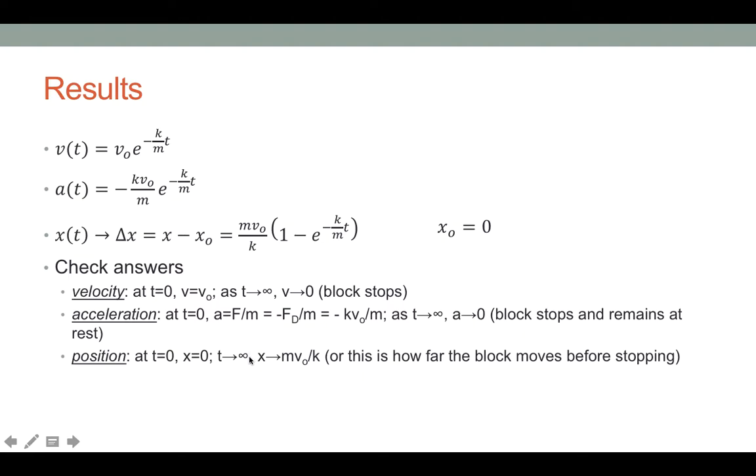But as t goes to infinity, this second term goes away, but I still have the 1 right here, and x will go to m times v0 divided by k. And that is the limit as to how far the box will move before it stops. So this is the overall displacement of the box.